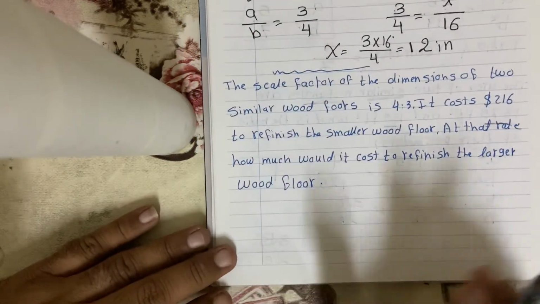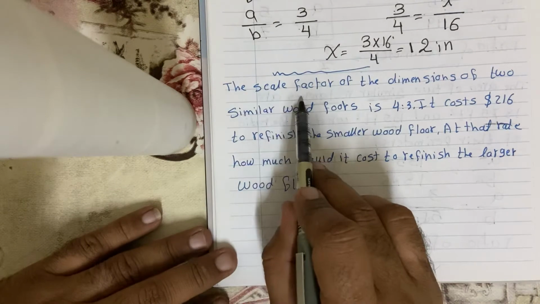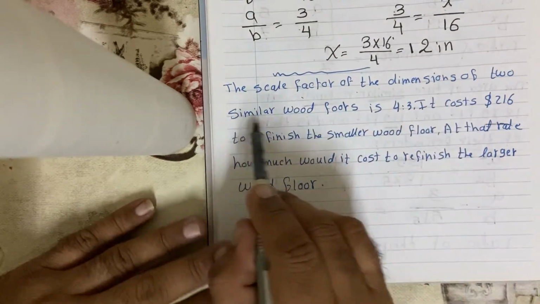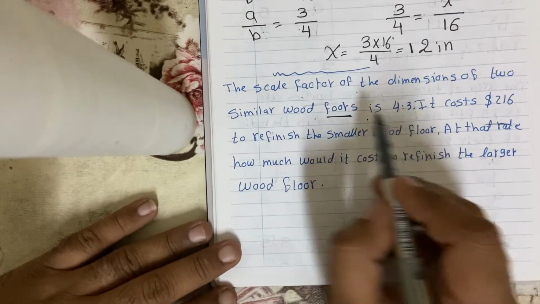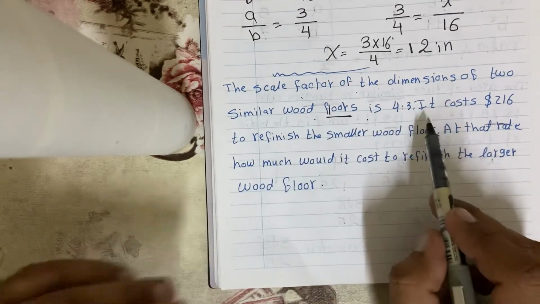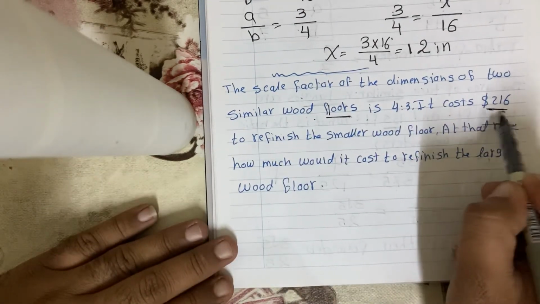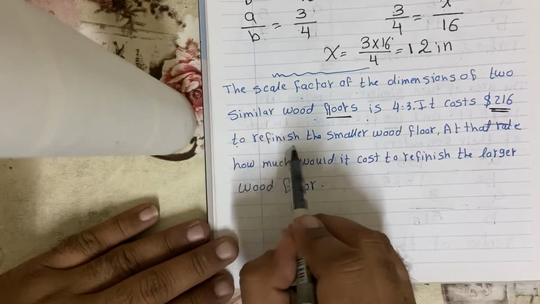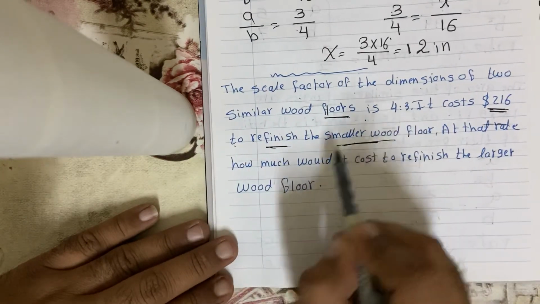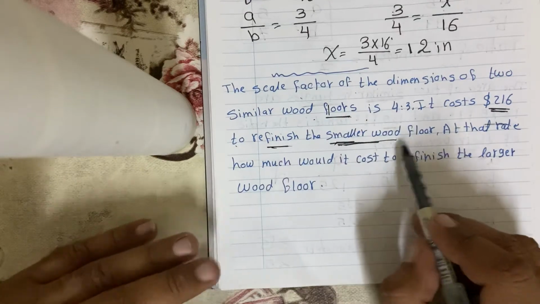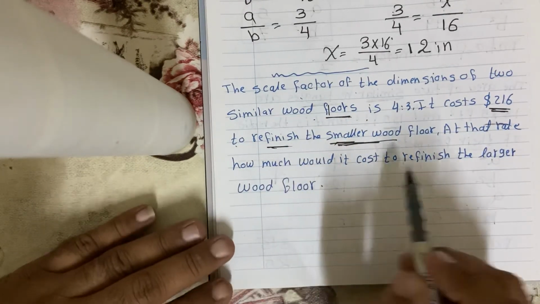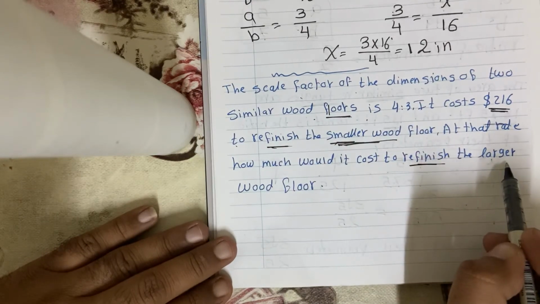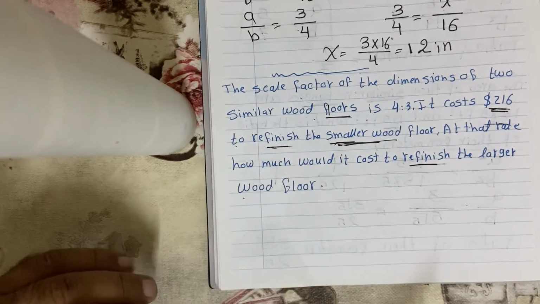Another exercise. The scale factor of the dimensions of two similar wood floors is 4 to 3. It costs $216 to refinish the smaller wood floor. At that rate, how much would it cost to refinish the larger wood floor?